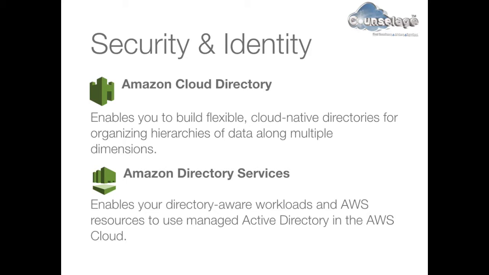So you can use standard Active Directory administration tools and take advantage of built-in Active Directory features such as group policy, trust, and single sign-on. So in short, AWS Directory Services provide multiple ways to use Amazon Cloud Directory and Microsoft Active Directory with other AWS services.